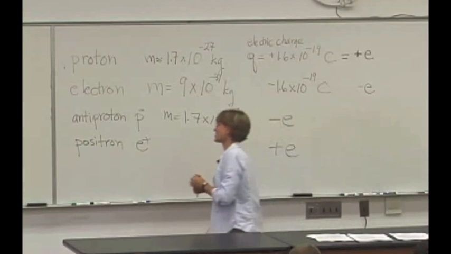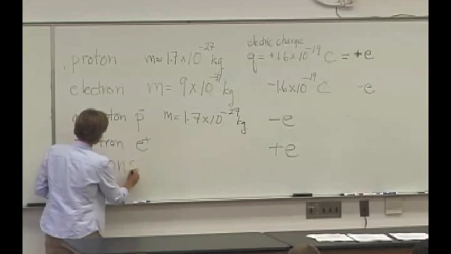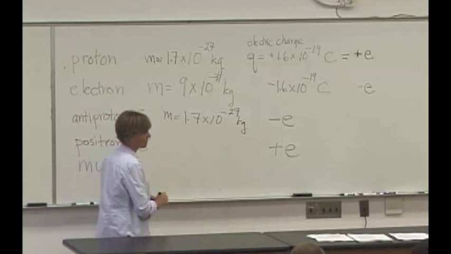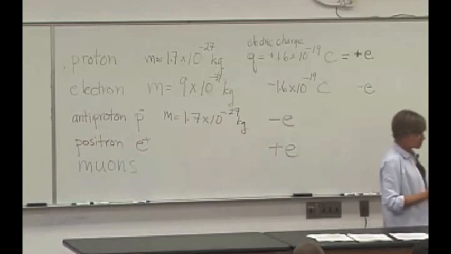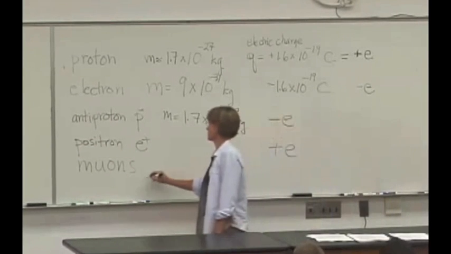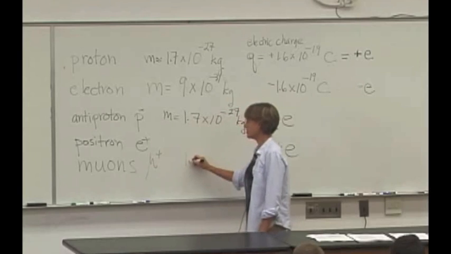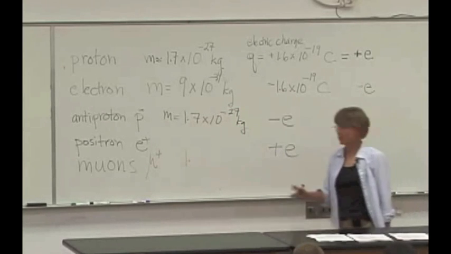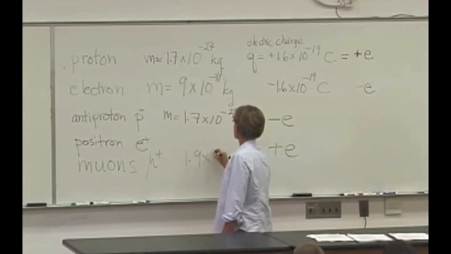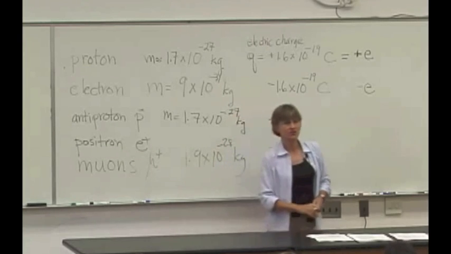And there are some other things like muons. These are kind of like heavy electrons. They have a mass that's a little bit larger than the electron. There's a mu plus. It's something like about 1.9 times 10 to the minus 28 kilograms, and there's also a mu minus.